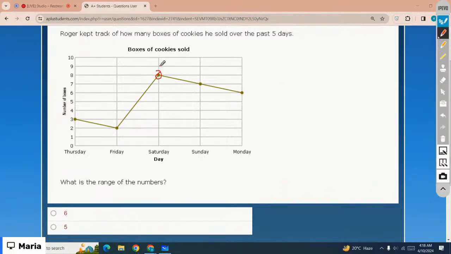Here is the least one, 2, and here the greatest one, 7. 7 minus 2 equals 5. That is the range of the numbers. The correct option is 5.